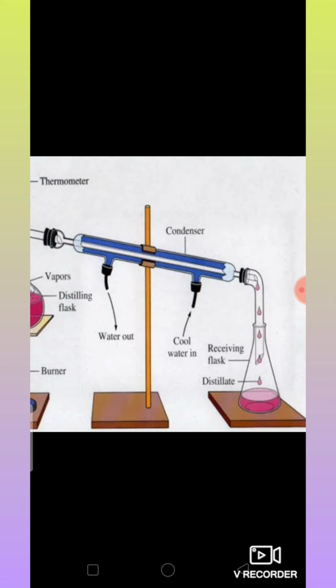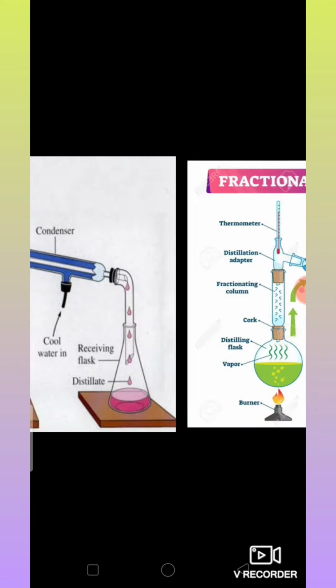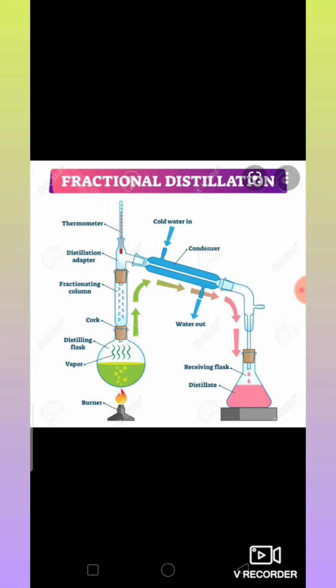Next we are going to see fractional distillation. To separate two or more miscible liquids which do not differ much in their boiling points, that is, where the difference in boiling points is less than 25 Kelvin, fractional distillation is employed. Fractional distillation is used in the petrochemical industry to obtain different fractions of petroleum and to separate the different gases from air.